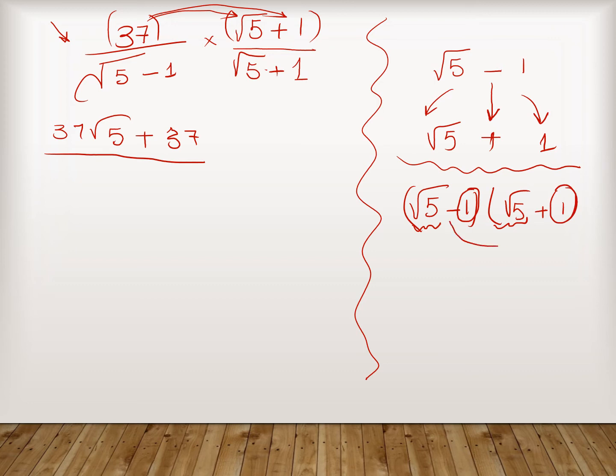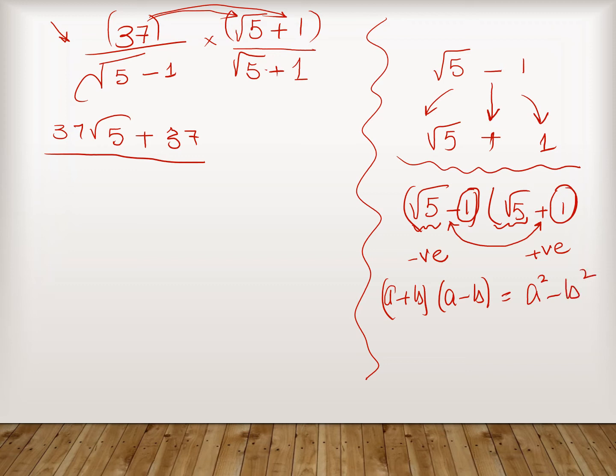And they are separated by different signs, which means in the first bracket there is a negative sign, whereas in the second bracket you have a positive sign, or vice versa. In such cases, where the first and the last terms are the same and they are separated by two different signs, you use the formula a plus b times a minus b, which equals a square minus b square.